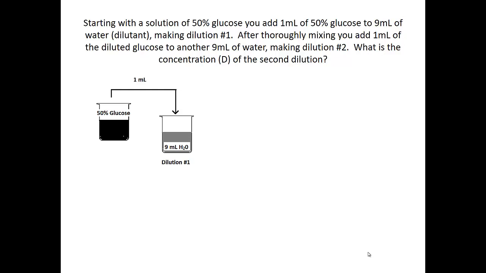Notice it doesn't tell you what the dilution is in this case, or how concentrated or how dilute. It just says that here's what you did. After thoroughly mixing, we now add another ml of the diluted glucose to another ml of water. So we're making a second dilution, dilution number 2. The question then becomes, what is the concentration, or the D, of the second dilution?